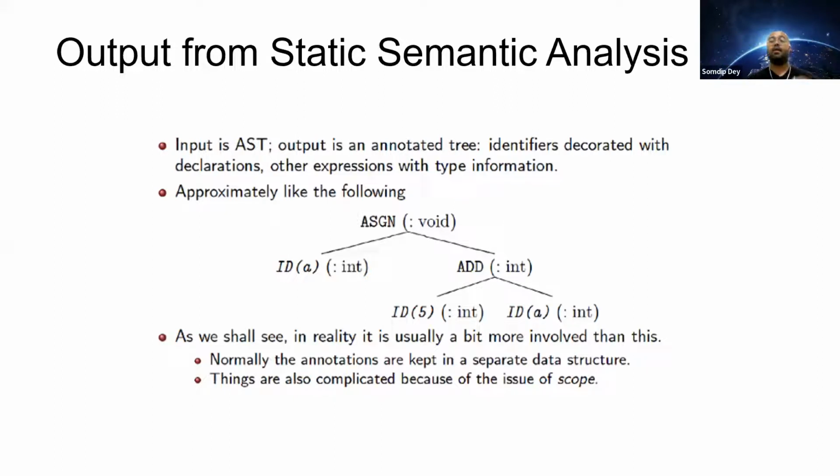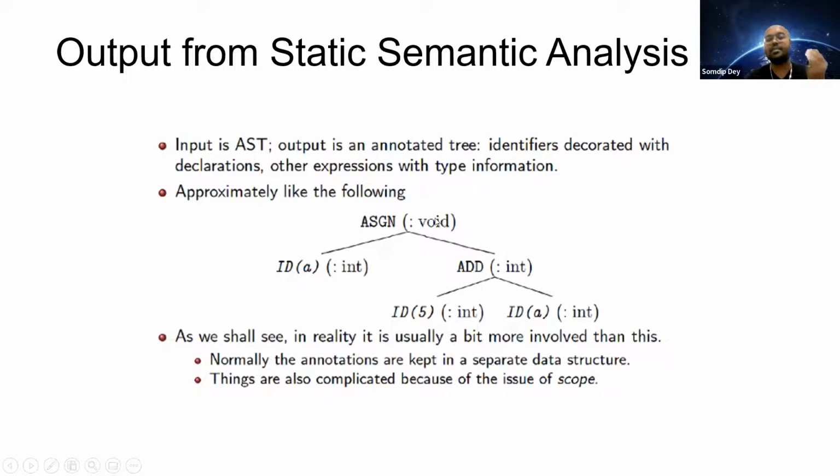But when you pass that AST to the static semantic analysis, we add additional information about the type. Here a is of type integer, so we add the information integer to it.